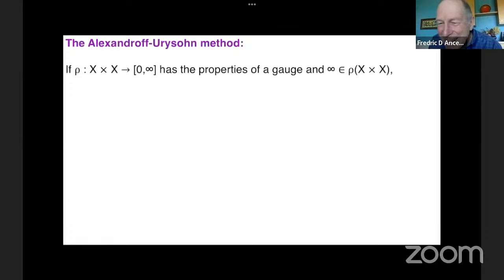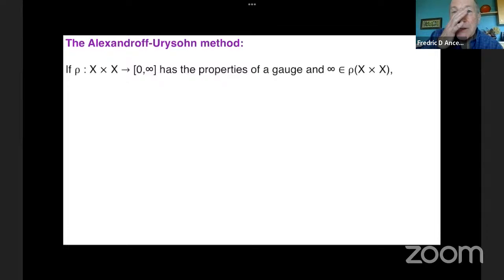Before you go into the proof, I have one question. If your group G is compact, then are those conditions automatically satisfied? Well, yeah, I think so.